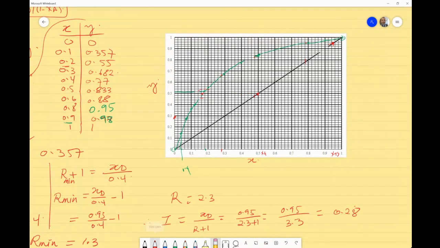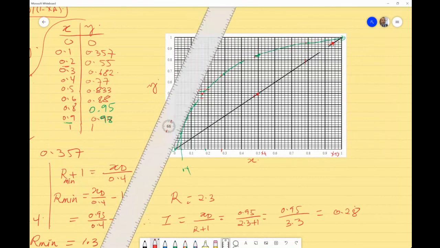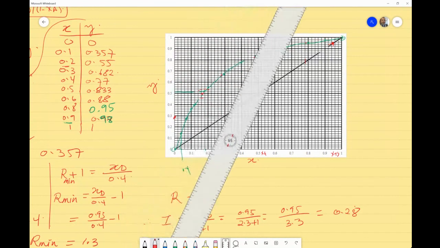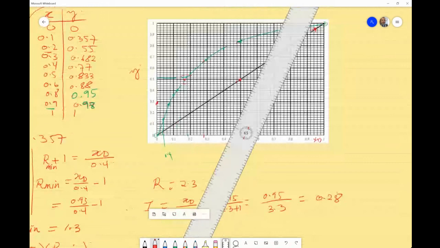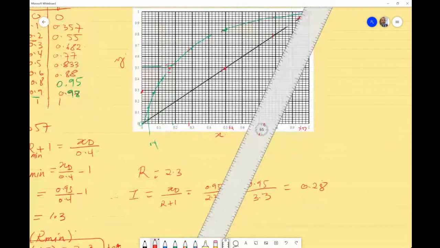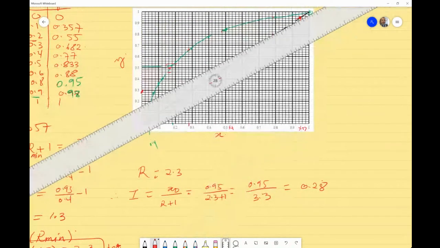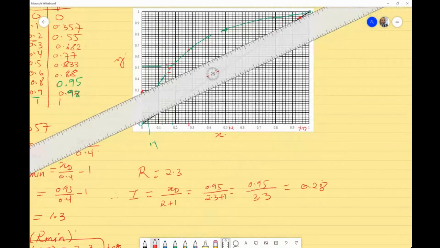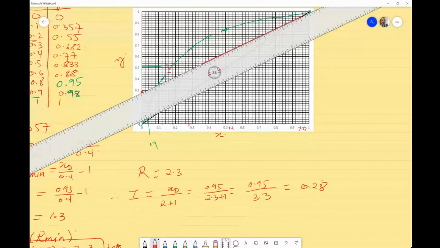We draw this line between the new intercept here and XD. I don't have to extend it, by the way.